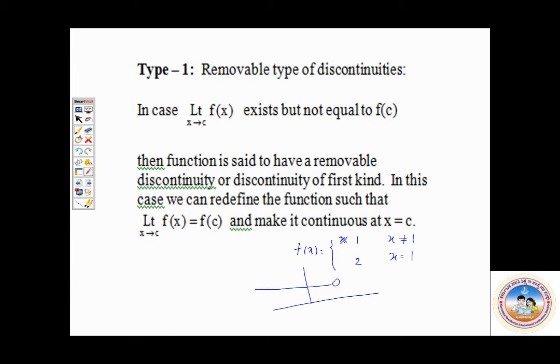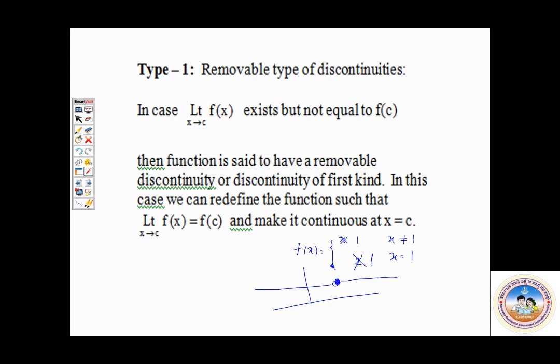Instead of defining 2, if you define 1, that is what we mean by redefining. If you redefine it as 1, then it is a removable discontinuity. So what is a removable discontinuity? By changing 2 to 1, you make the function continuous. That is the first case.